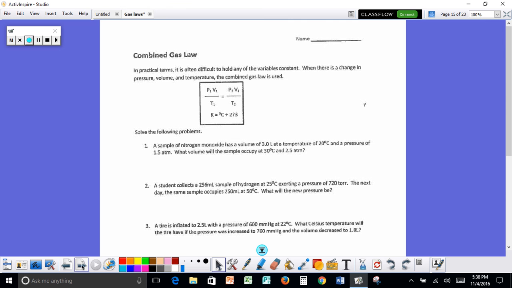And this is actually going to be a problem that asks us to use the combined gas law. So we're going to have factors of pressure, volume, and temperature being manipulated in this. Again, convert to Kelvin. Make sure you do that. So let me go ahead and write out the modified equation.